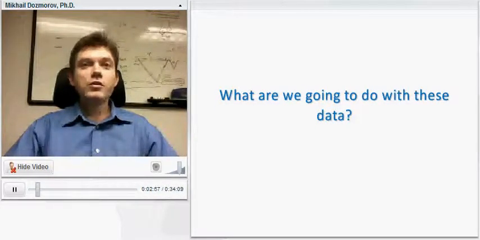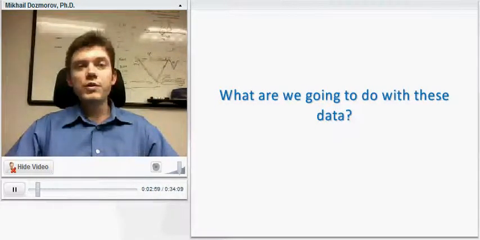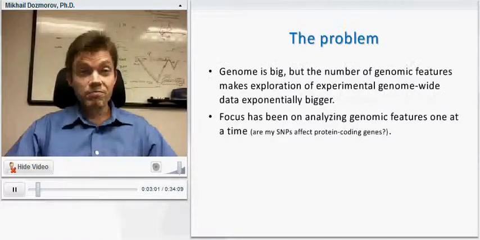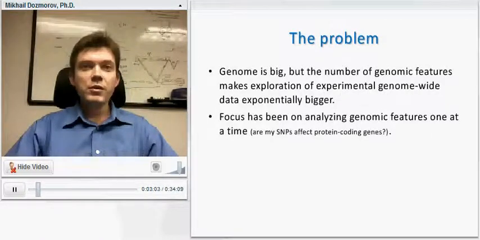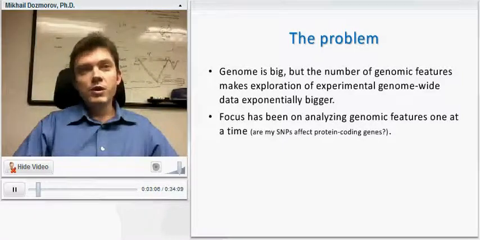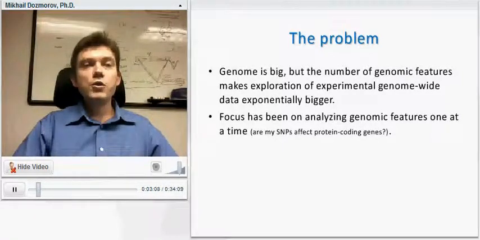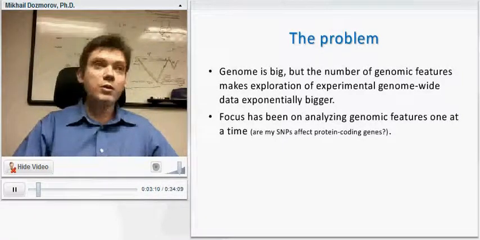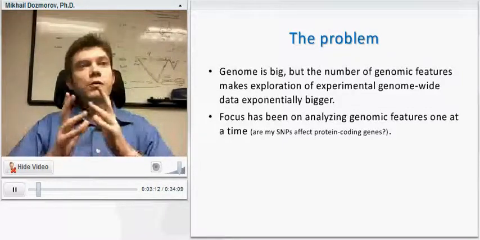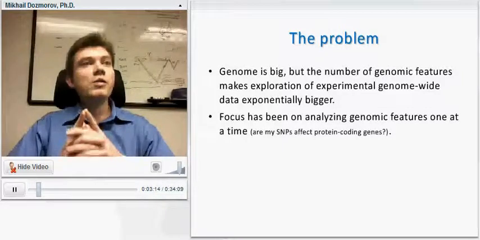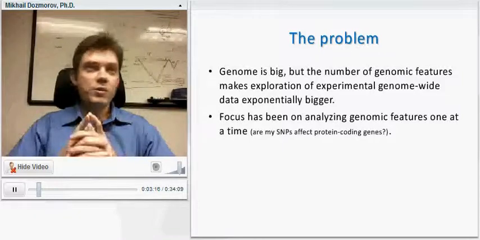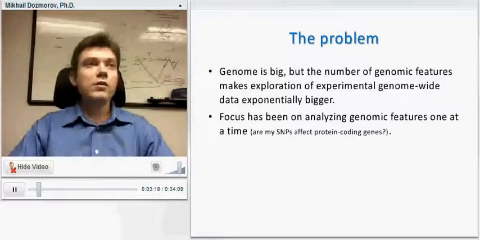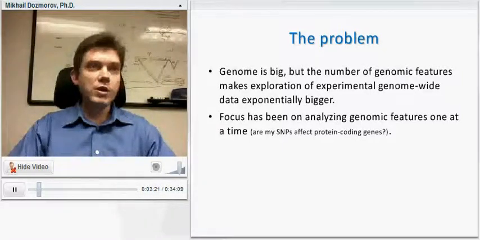So the question is, what are we going to do with this large amount of data? And here is the problem. The genome is big, but the number of genomic features and interesting genomic elements make exploration of the genome and experimental genome-wide data exponentially bigger.